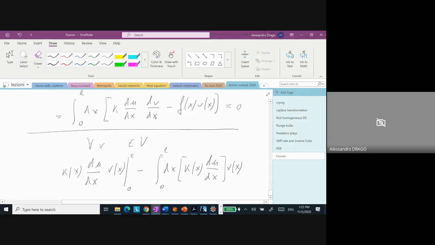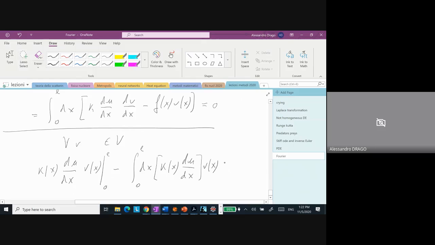So I have partially integrated the first term, minus the integral between 0 and L, dx of F times V.